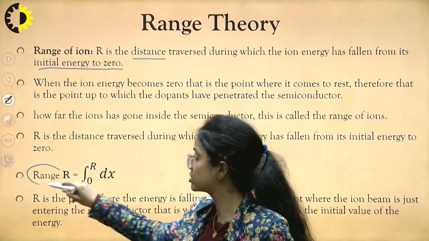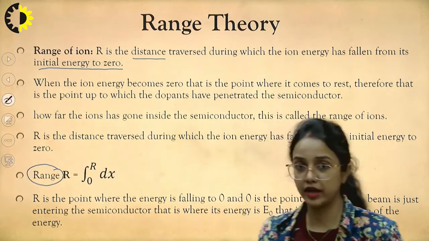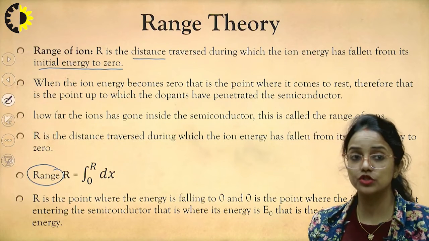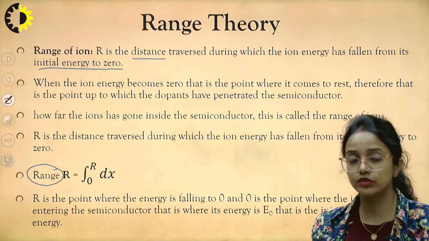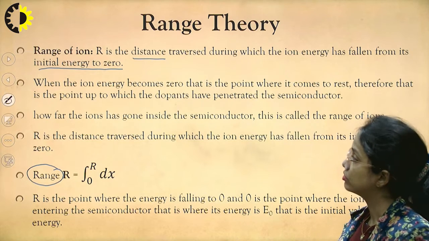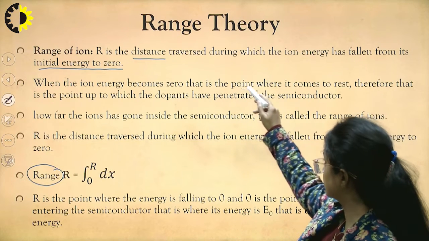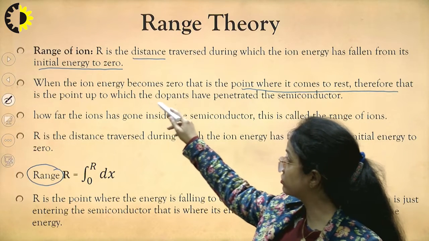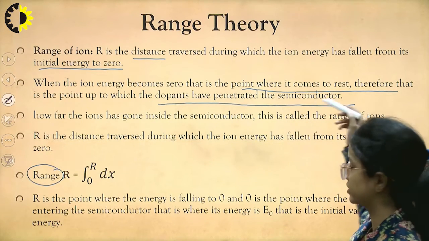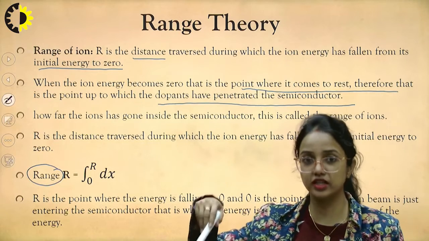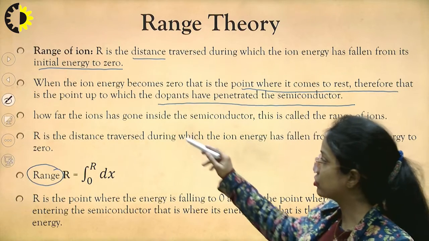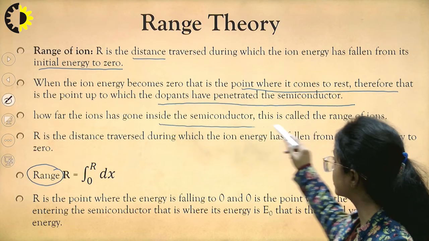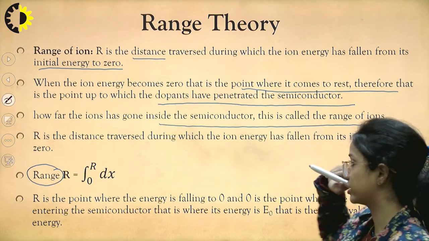When the ion energy becomes zero, that is the point where it comes to rest, up to which the dopants have penetrated and successfully settled on the semiconductor. How far the ion has gone inside the semiconductor is called the range of ions.